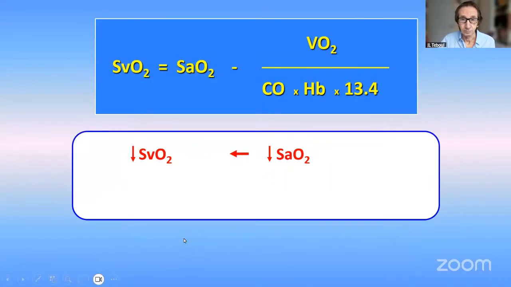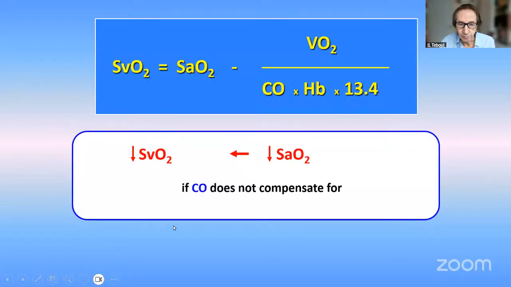So a decrease in SVO2 can be due either to a decrease in SaO2, if cardiac output does not compensate for it. In general, cardiac output compensates for this, and SVO2 is maintained constant.